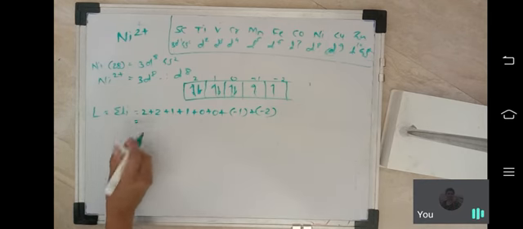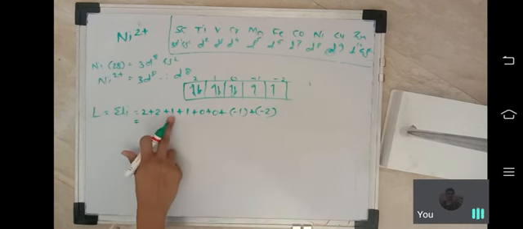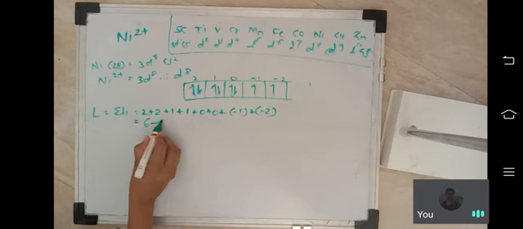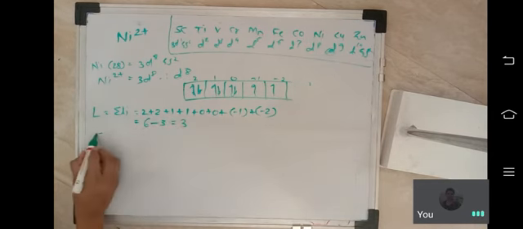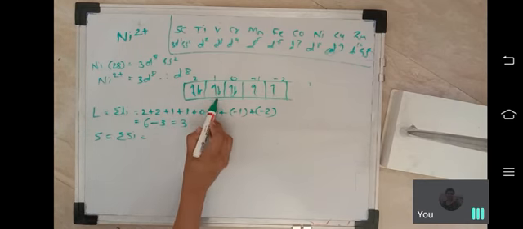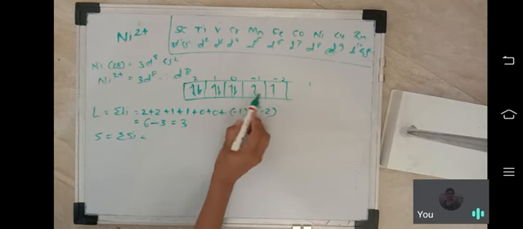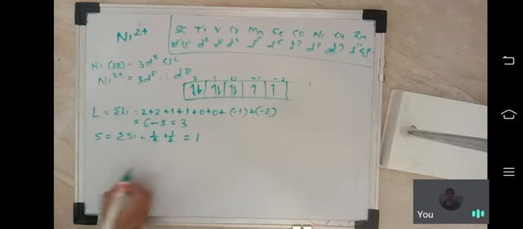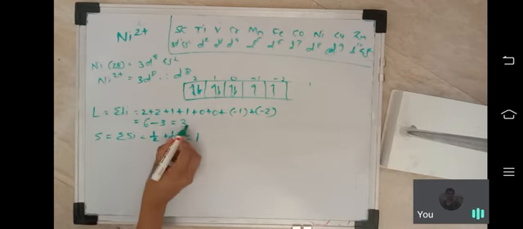Then what is the calculation here? 2 plus 2 is 4, 5, 6. Here 6 minus 3 is 3. Okay, here the summation of si. Here plus 1/2 minus 1/2 get cancelled. Here again cancel, again cancel. That means 1/2 plus 1/2. Here S is 1. Here the value of L is 3.